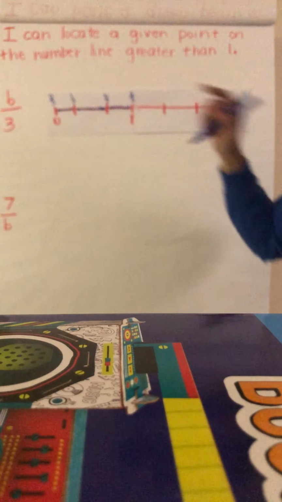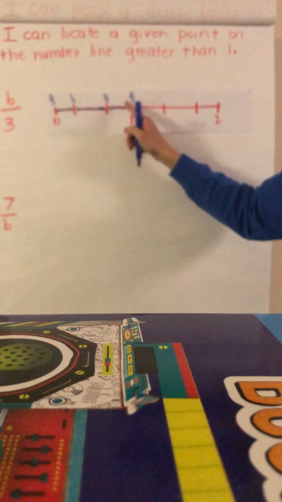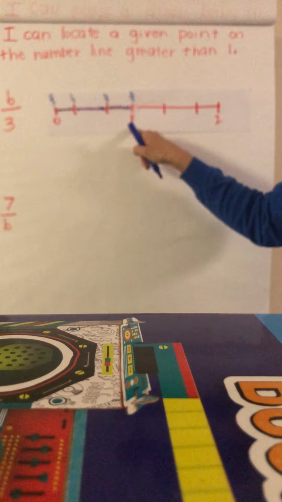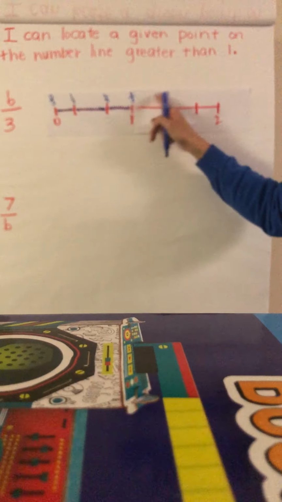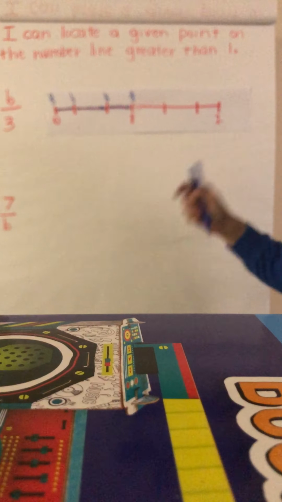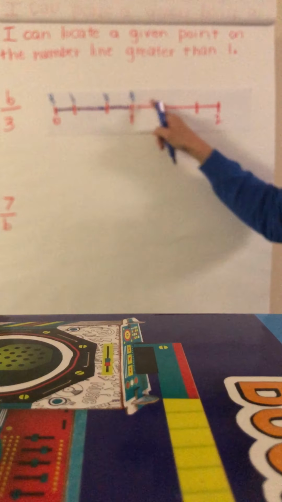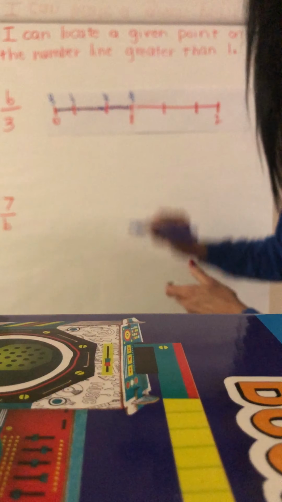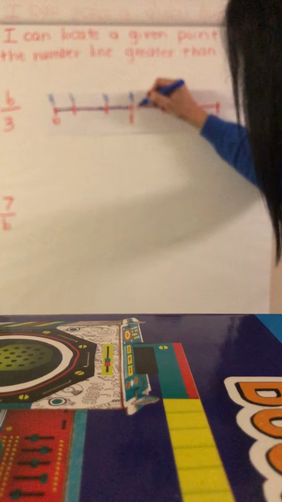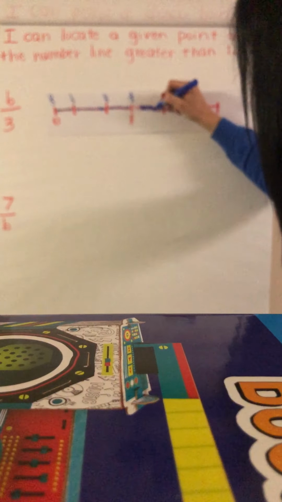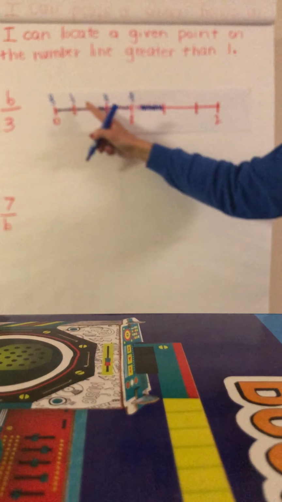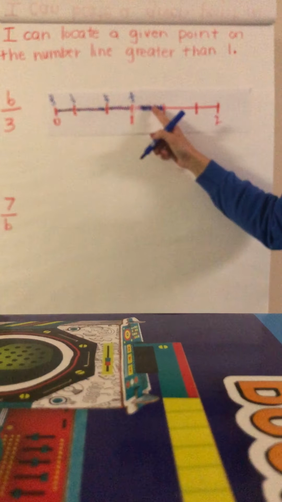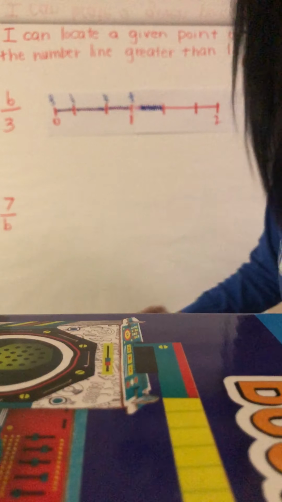We broke this line into thirds, and once we get to 3 of them, we're at the whole, and we're at 1. We're looking for 6/3, so we need to keep going. We still broke this part of the number line into thirds, so let's keep on going. I've got 1, 2, 3, 4/3 when I get to this hash mark.